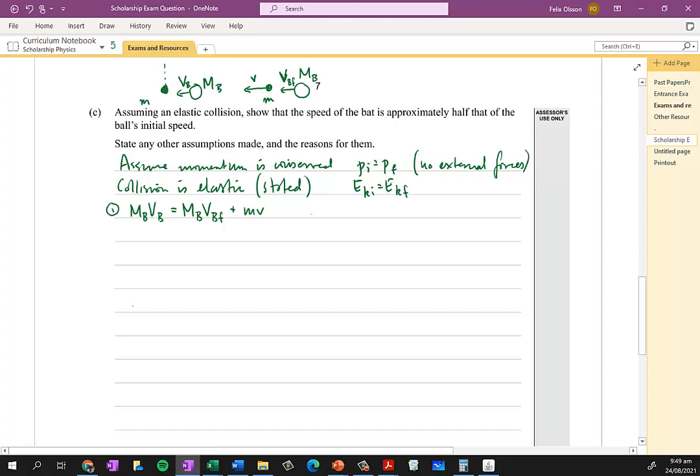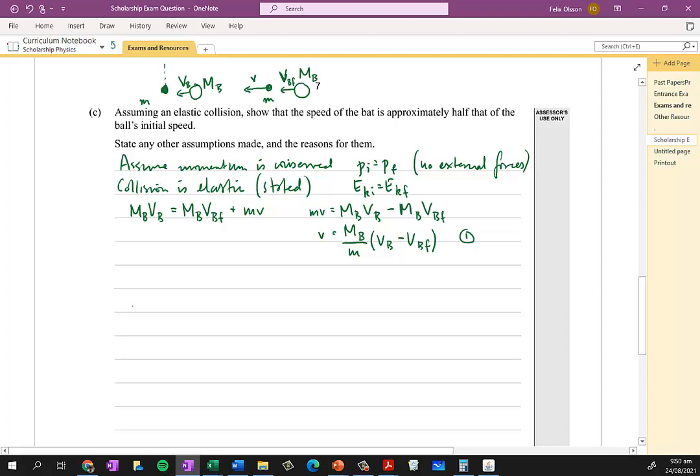We get mv equal to M bat V bat minus M bat V bat final. Therefore v is equal to M bat over m times V bat minus V bat final. Let's call that expression 1. There's our first expression for the velocity of the ball, but we still have all this mass included.